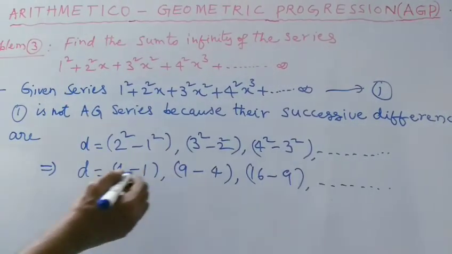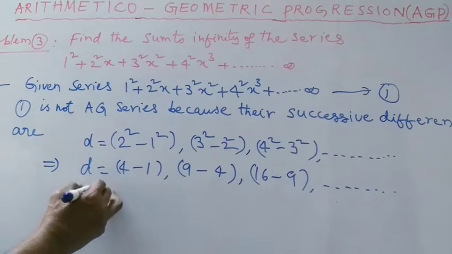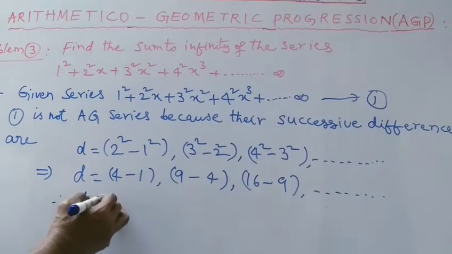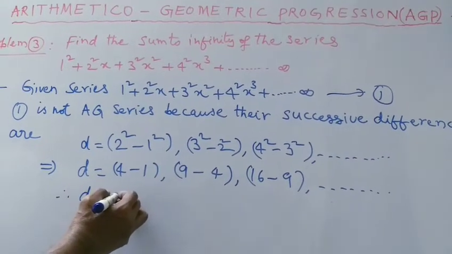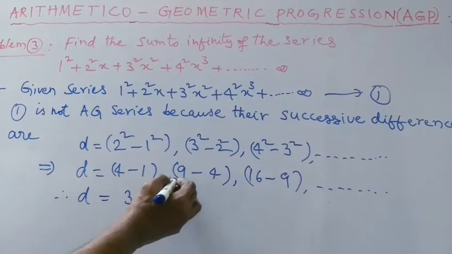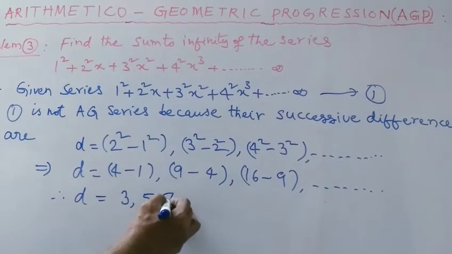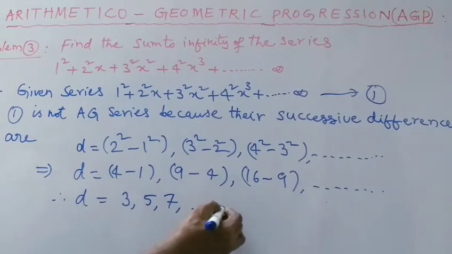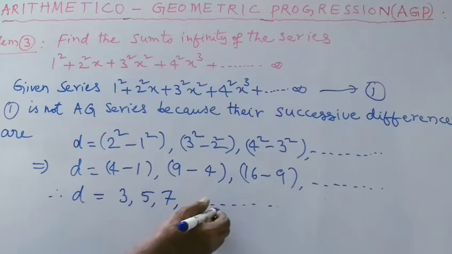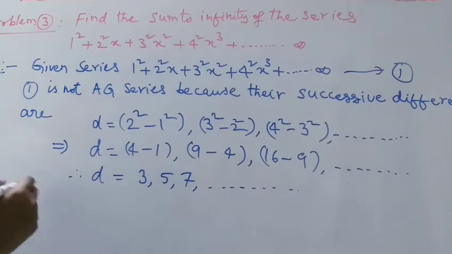Therefore, d is equal to 4 minus 1 is 3, 9 minus 4 is 5, 16 minus 9 is 7, and so on terms are there.